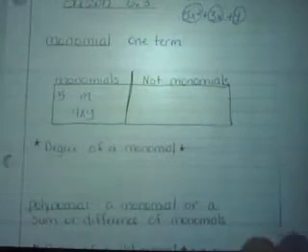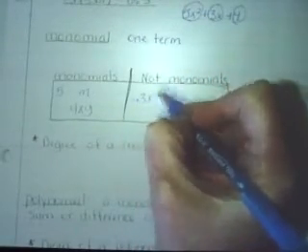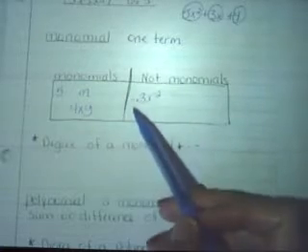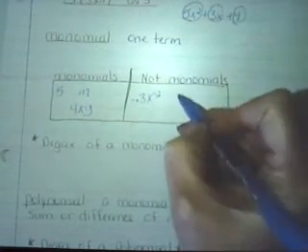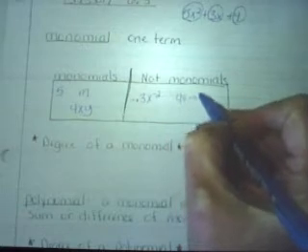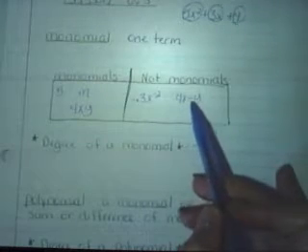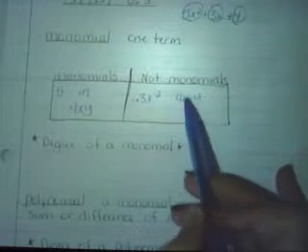Not a monomial would look like negative 0.3 x to the negative 2. This is not a monomial because the exponent is negative. Or we can have 4x minus y. This is not a monomial because I have 2 terms right here.